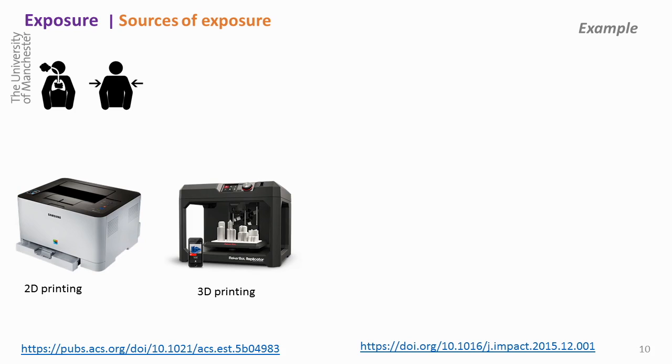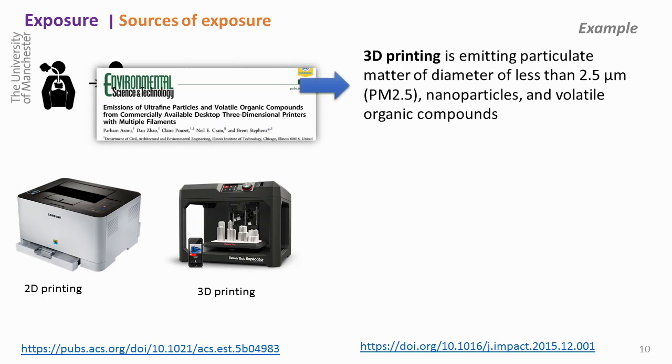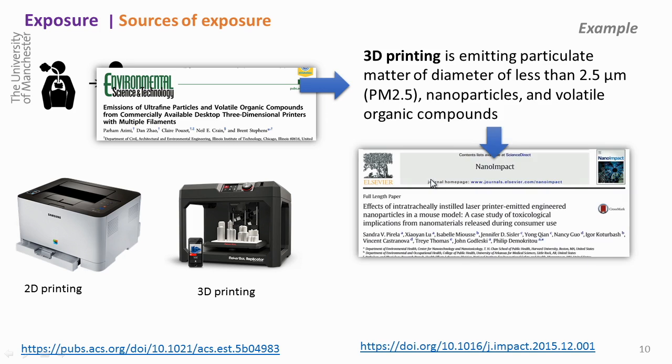I show the example of printing, where some papers have demonstrated that 3D printing emits particles during the printing process with a diameter of less than 2.5 micrometers. This is usually called PM2.5, a classification of particulates. They also emit volatile organic compounds.